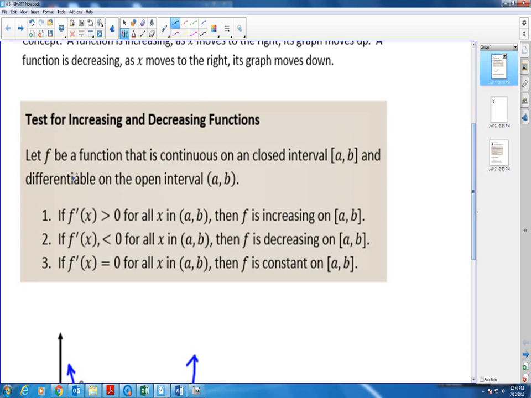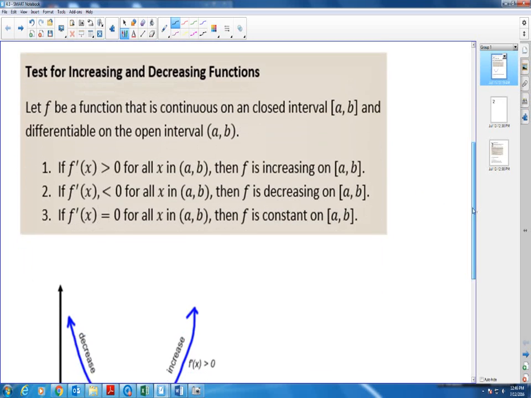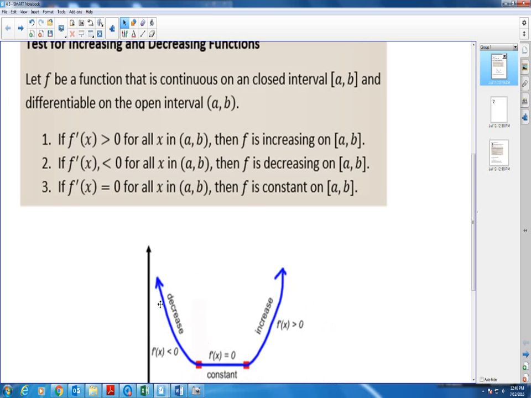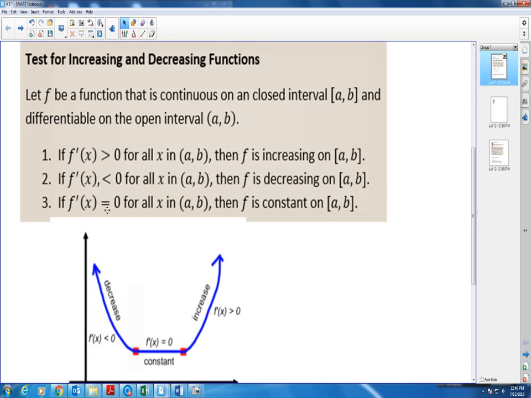So to test for increasing or decreasing functions using the derivative: if my function f is continuous on a closed interval from a to b and differentiable on the open interval a to b, if f prime of x is greater than 0, then f is increasing from a to b.